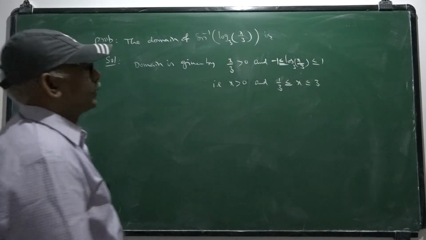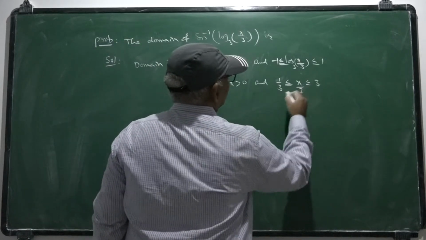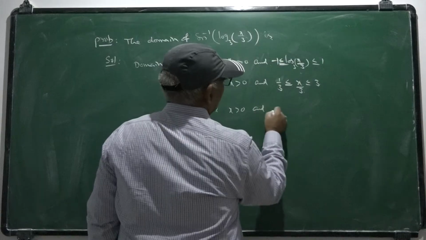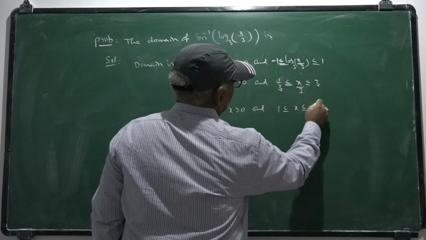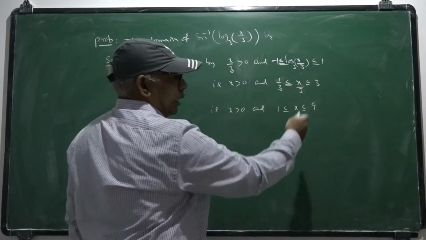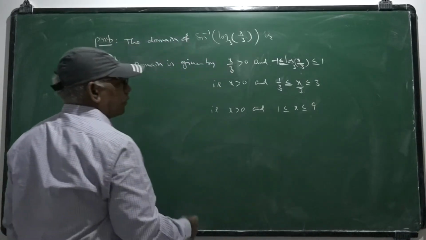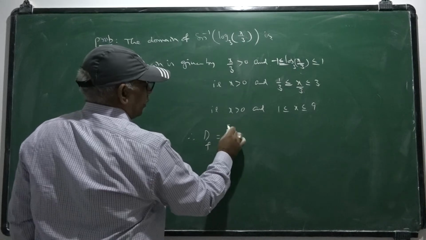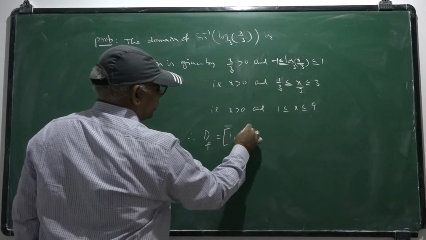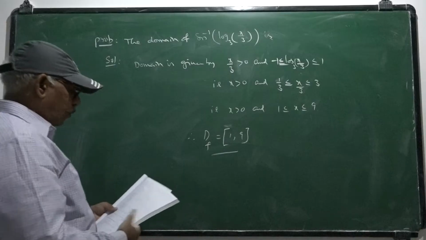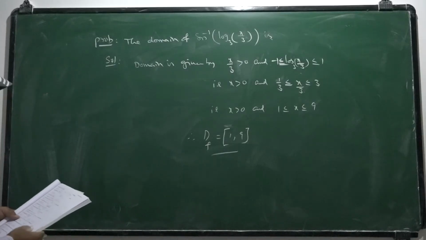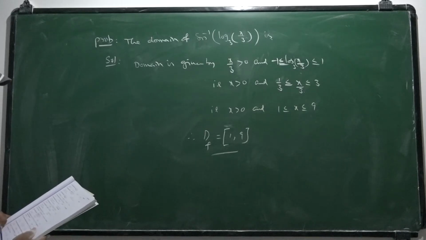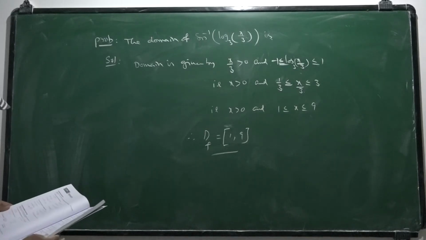That is, x is positive and 1 is less than or equal to x is less than or equal to 9. Clearly x is positive and lies between them. So, the domain of f is the closed interval 1 to 9 itself. This was given in 2000 Mains 2003.